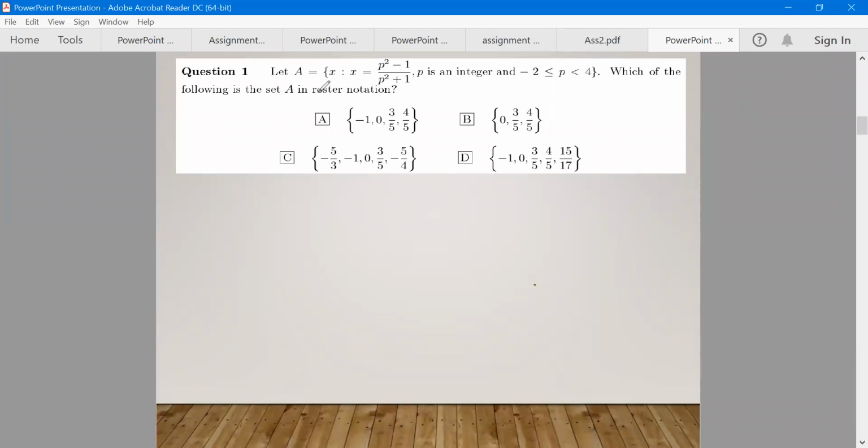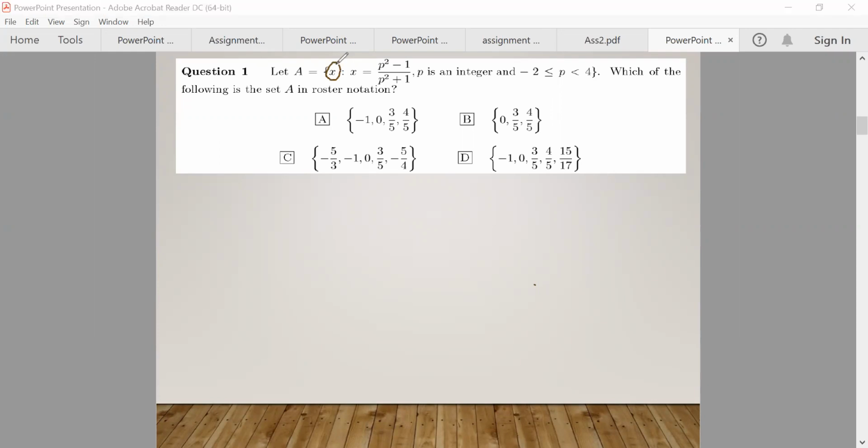So here we are given a set A, and we want to list the elements of the set A in roster notation. So what's the description of the elements of the set A? The elements of the set A are x's. What is x? X is given by this relation.